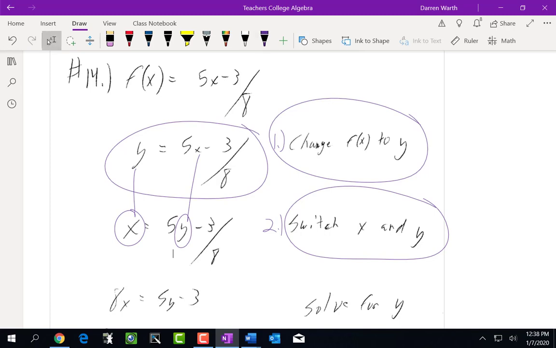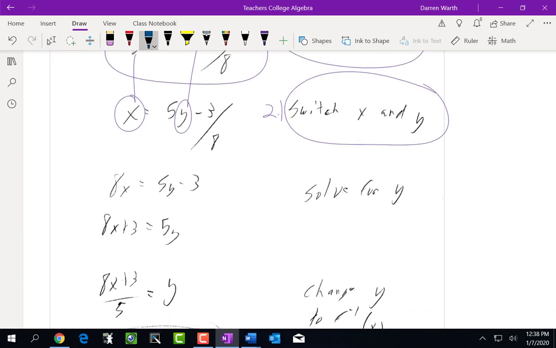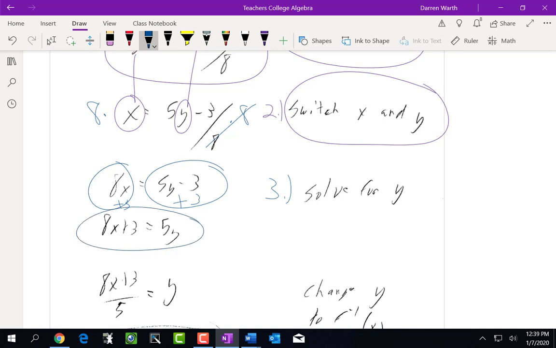Now rule number 3, I'm going to solve this equation for y. To solve for y, I'm going to multiply both sides by 8. So I'm going to be left with 8x. And on this side, they cross out, and I'm left with 5y minus 3. I'm going to add 3 to both sides, so I get 8x plus 3 equals 5y.